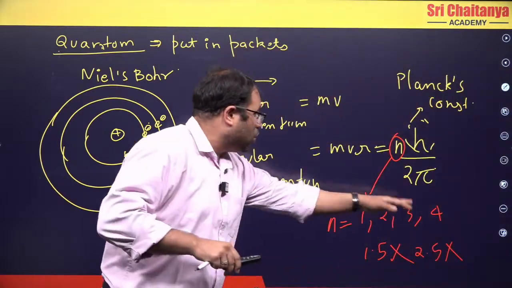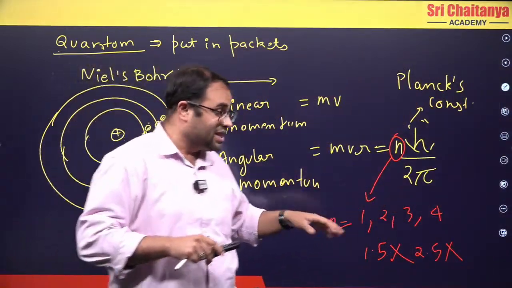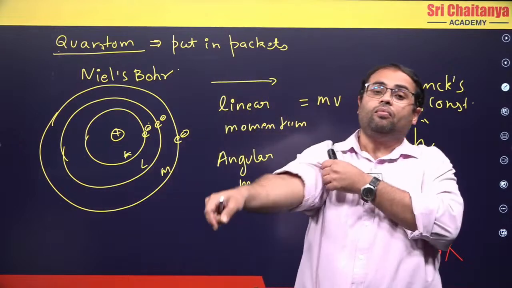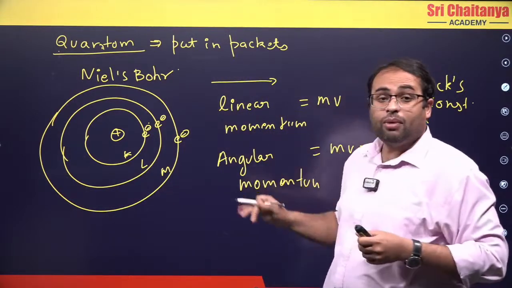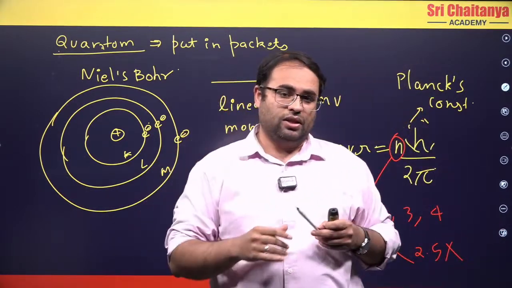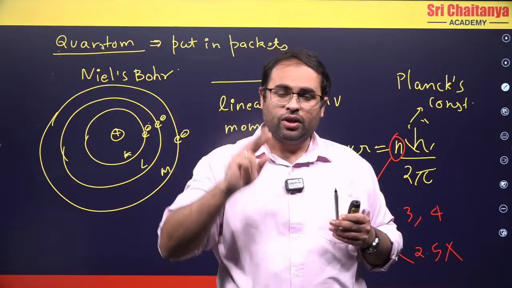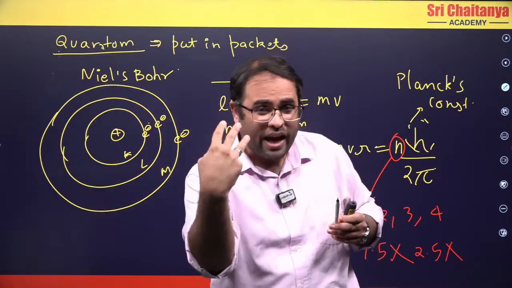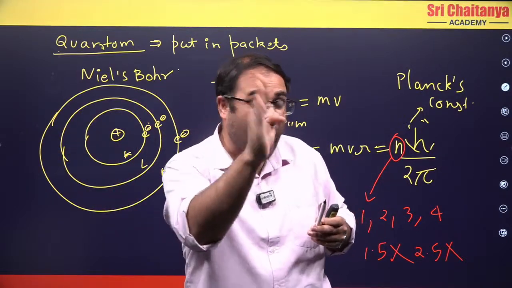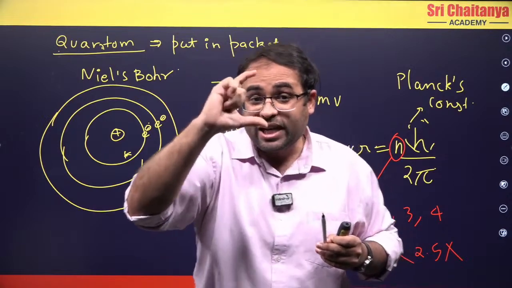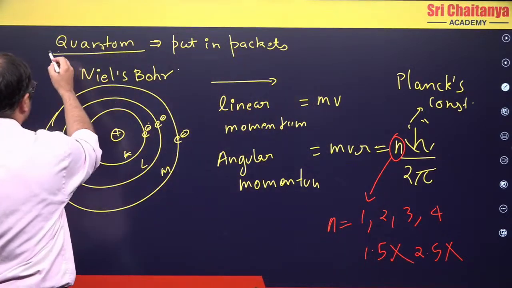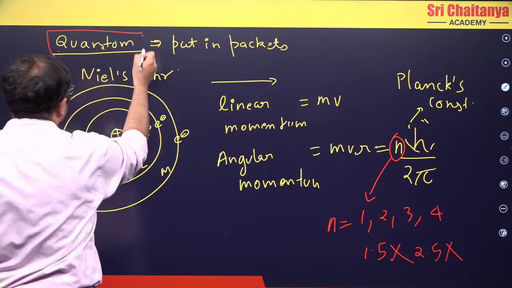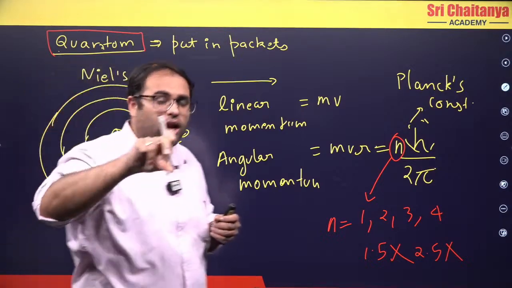This means that the angular momentum has to be in packets, like 1 packet, 2 packets, 3 packets or 4 packets, and nothing like half a packet, right? So each complete packet is called a quantum.